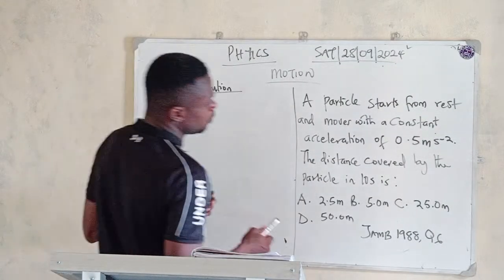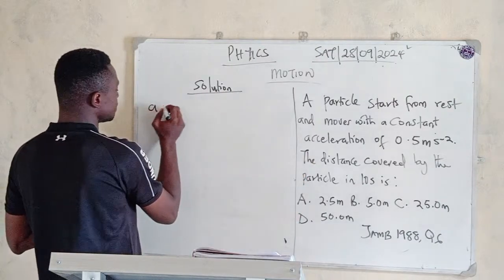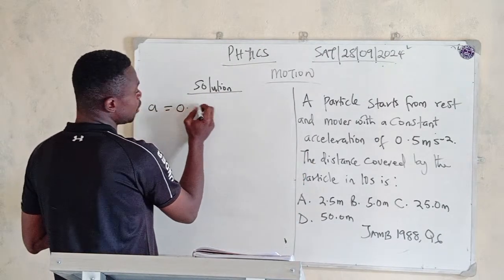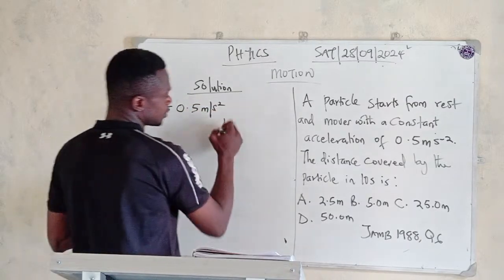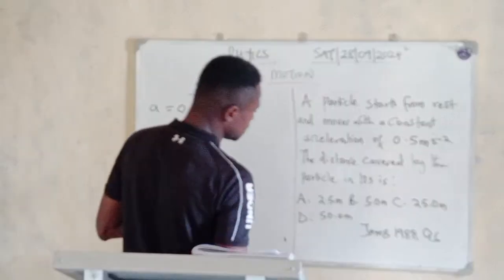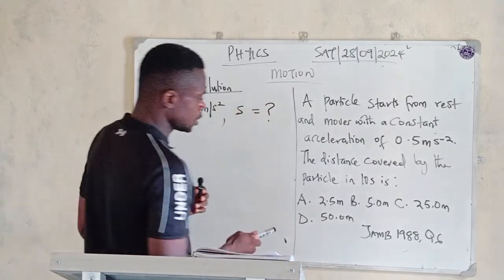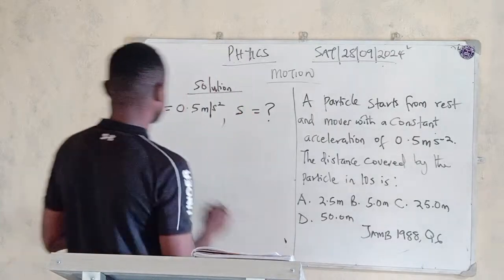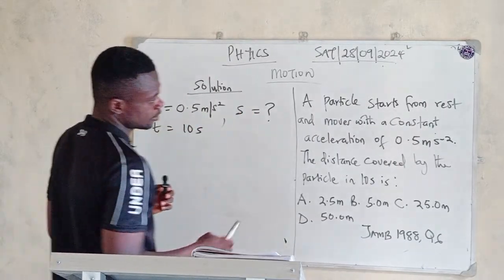The first parameter here is what? Acceleration. So a is equal to 0.5 meter per second squared. The next one is distance. Distance we don't know. The next one is time. The time is what? 10 seconds.